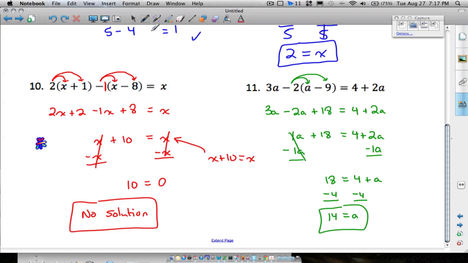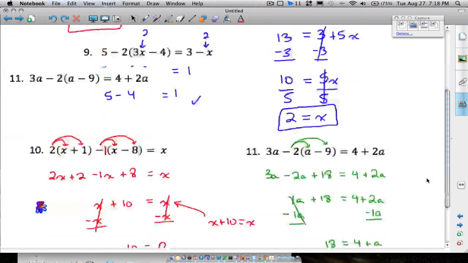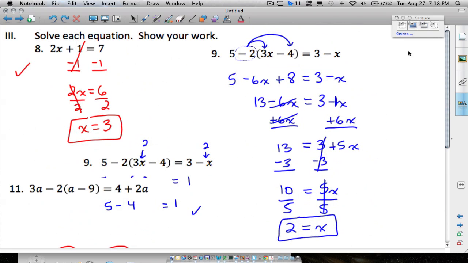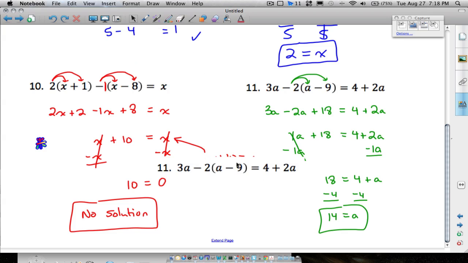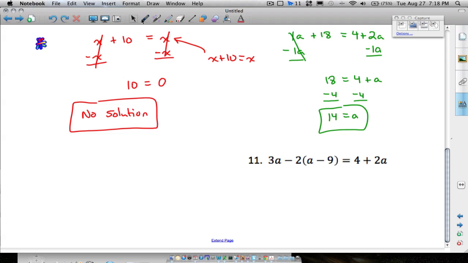And then this one right here, number 11. We'll kind of do a little bit of scratch work for this problem as well. So taking our equation, plugging 14 into this spot right here.